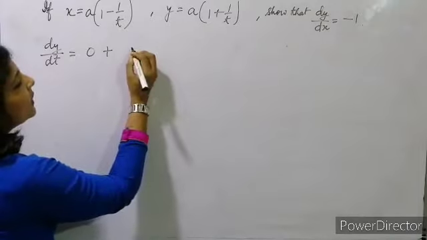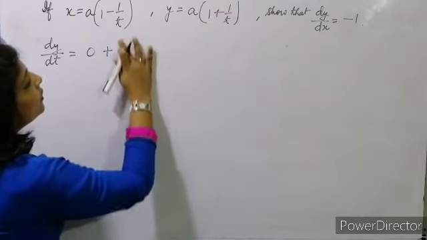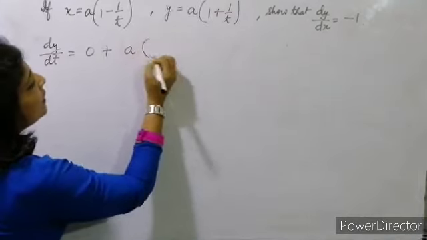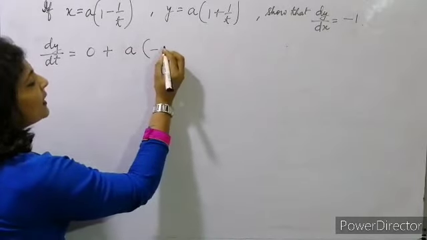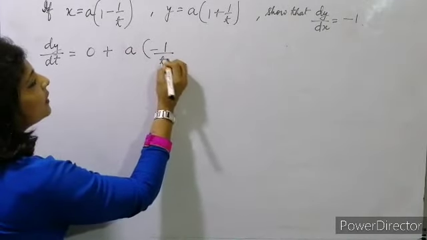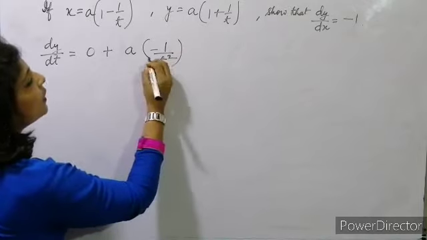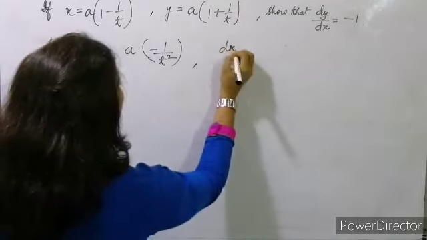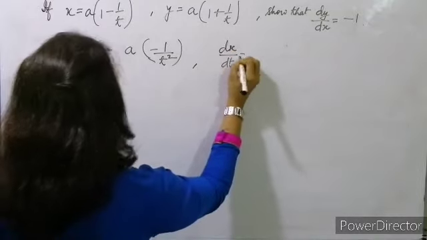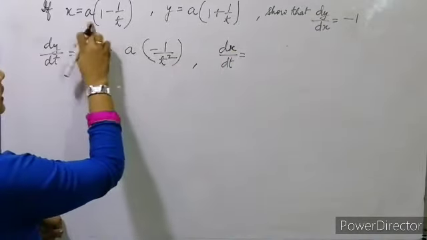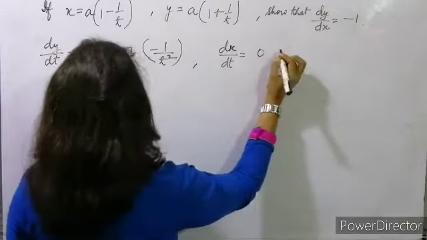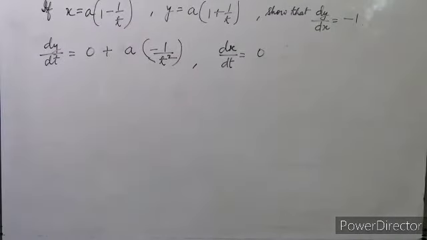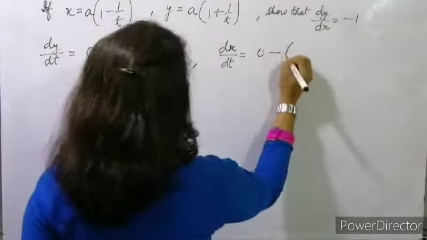Okay, so a वाला this will be 0 plus a upon t will be a into t का पावर -1 है ना, so a into t का पावर is -1, so it will be -1 divided by, okay, so this will be the value of dy by dt, and dx upon dt will be equal to, now a this will be 0 and this is minus and this one.